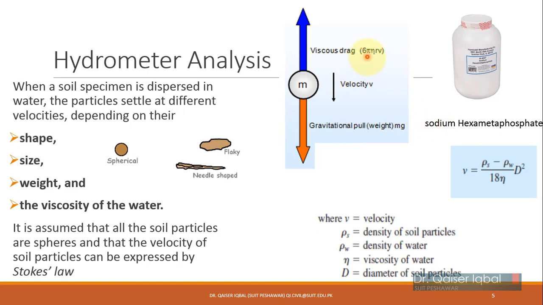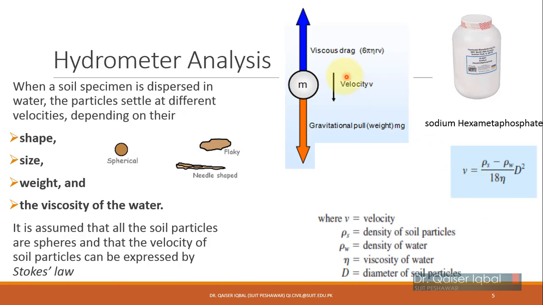Pi, its value is 3.14. Eta is the viscosity of the water, which is usually considered constant at 25 degrees centigrade. I will show you the value later on. R is the radius of this soil particle, which is equal to diameter divided by 2. So you can write d by 2 in this equation as well, or sometimes r as well. And v is the terminal velocity, which you can see over here.